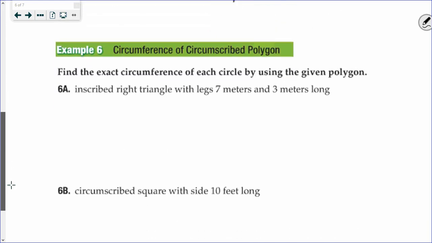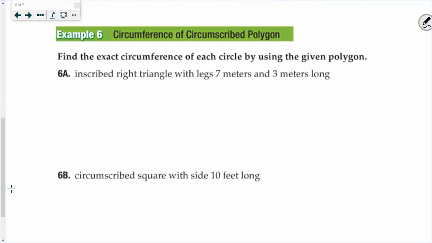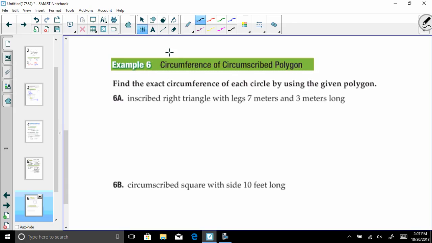So, circumference of a circumscribed polygon. We'll take a look here at example 6. Find the exact circumference of each circle by using the given polygon. So we've got a circle here, and I'm going to use the tools again today to make a circle.